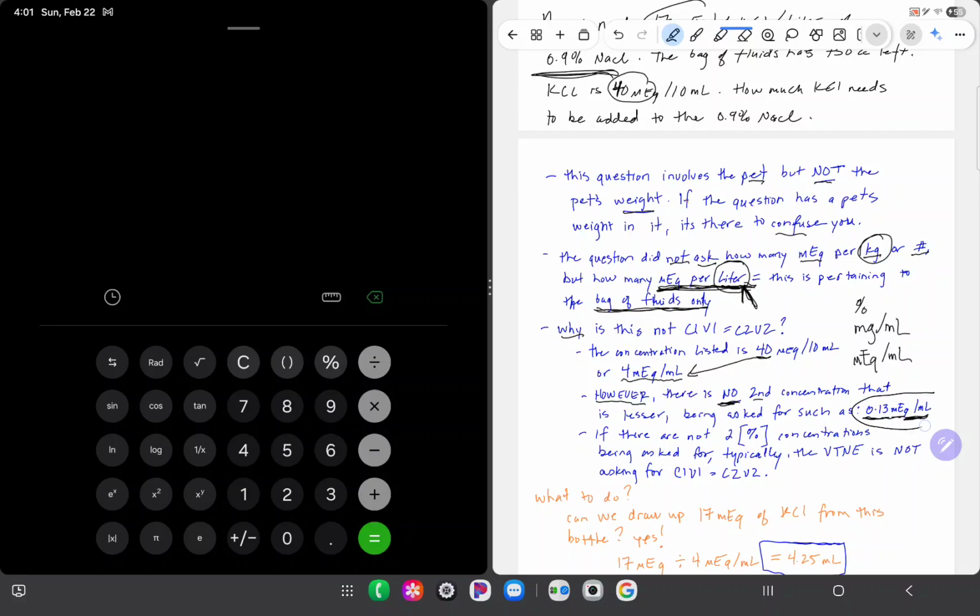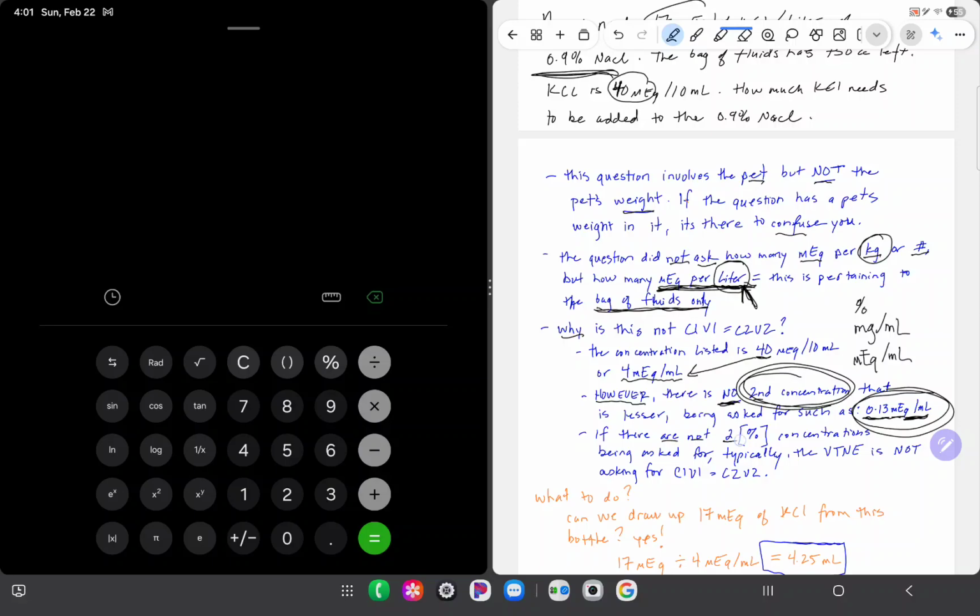But a concentration would be different. Milliequivalents per mil, mg per mil, percent. So there's nothing in that question asking for a second concentration. If you don't have two concentrations in your question, it is not C1V1 = C2V2. All right?